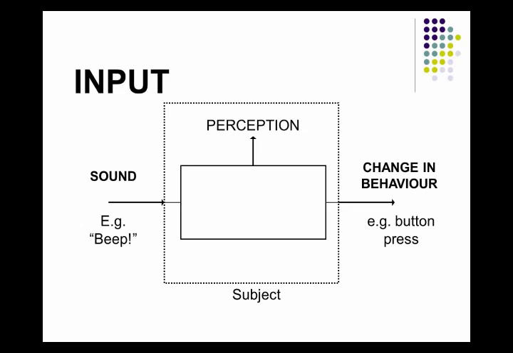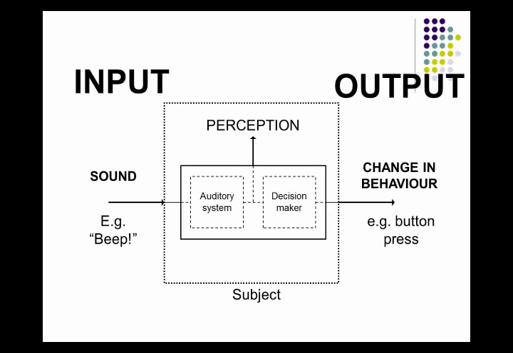That's the perception. And we have a little model for that. We say we have an auditory system. That's what we started to talk about last week. With the outer ear, middle ear, inner ear, and all that sort of stuff. That is physics. That somehow translates the physical sound waves into something in our brain. But we also have a decision maker in the brain that tells us, yes, now it's time to press the button or not.